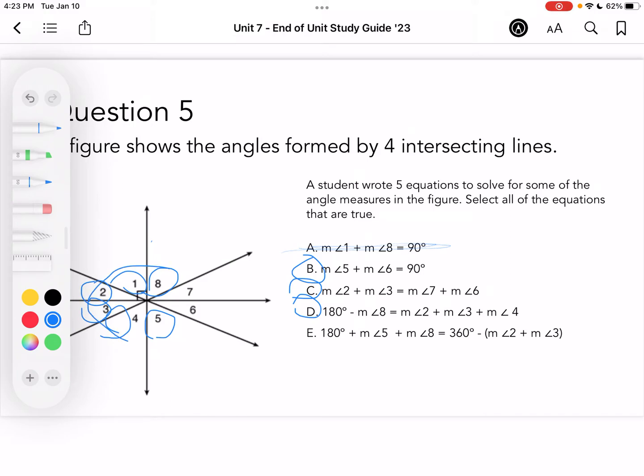So all of this added together is the same as 360 minus these two angles. Well, I agree with that too. So those four answers would be correct.